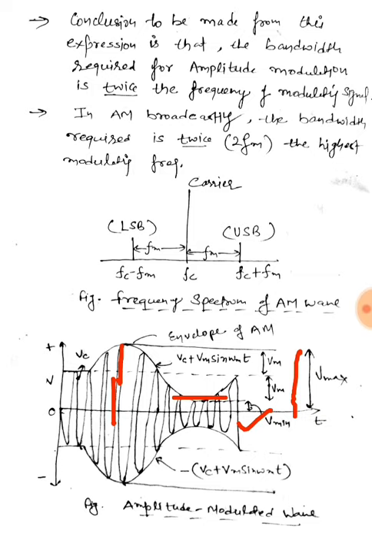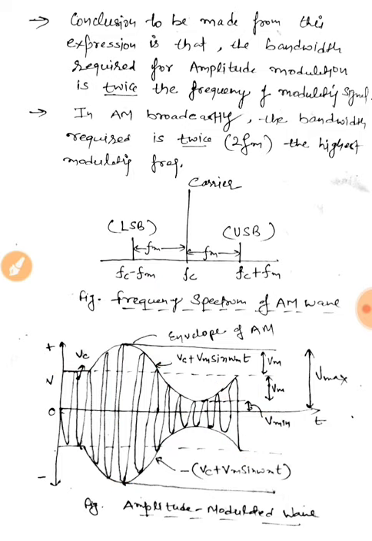So this is Vc minus Vm up to this point. So this is how the amplitude is changing, and it is the envelope of AM. This is the envelope of AM modulated wave.